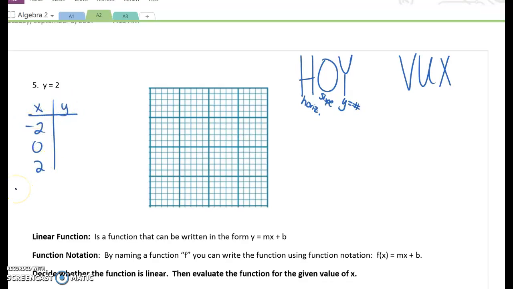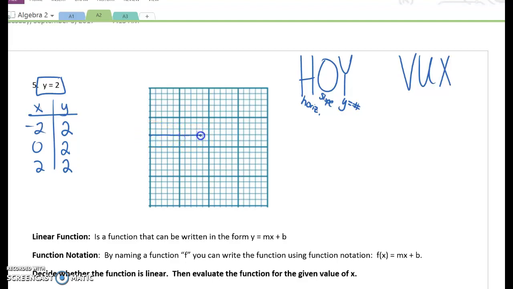If your x is -2, your y is 2, because it says y equals 2. If your x is 0, your y is 2. If your x is 2, your y is 2. If your x is 1074, what would your y be? 2. Your y is always 2.